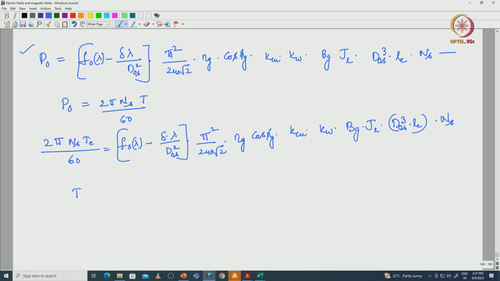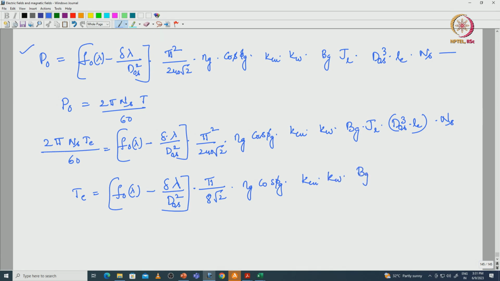Analyzing this equation, torque is equal to F naught of lambda minus delta, which is a constant, into lambda divided by the outer diameter of the stator square, into pi by 8 root 2. The pi square will not appear here because pi is present on both sides, so one pi cancels out. Then into efficiency, power factor, copper fill factor, winding factor, and Bg JL into D cube L. So, this is the torque equation, equation number 21.